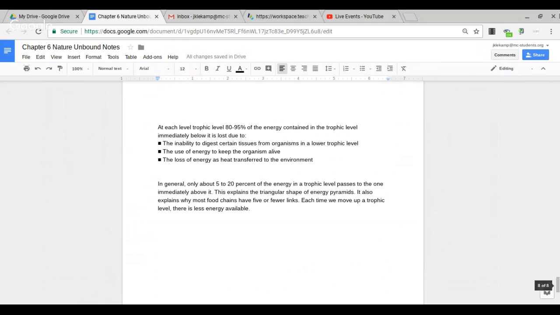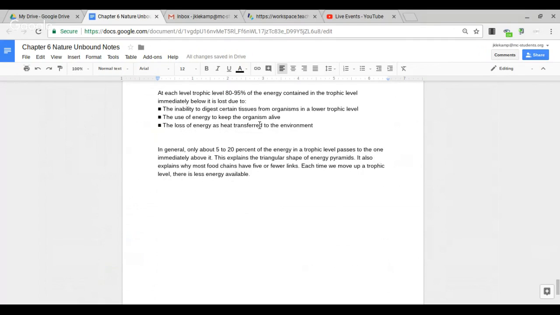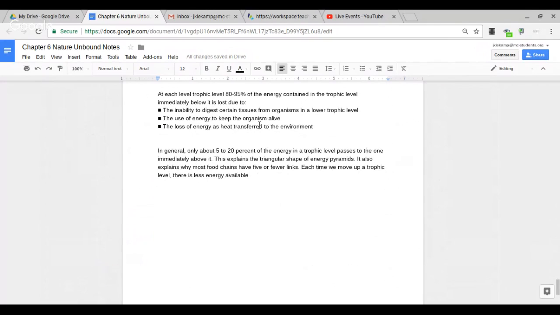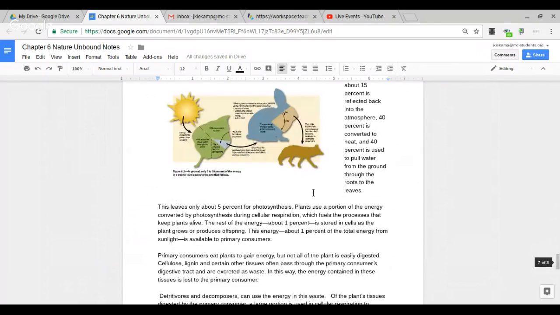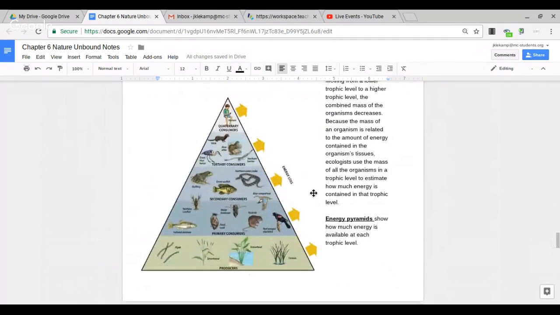So at each trophic level, 80 to 95% of the energy is lost due to the inability to digest certain tissues from organisms in a lower trophic level, the use of energy to keep organisms alive, or the loss of energy as heat transferred to the environment. So as we move through this pyramid, that's why you get this pyramid shape.